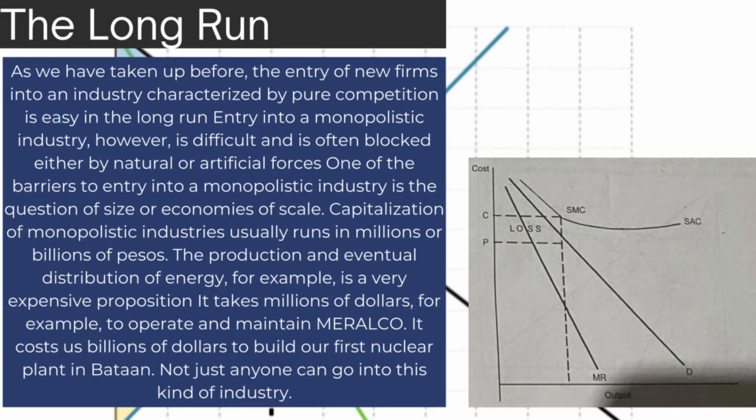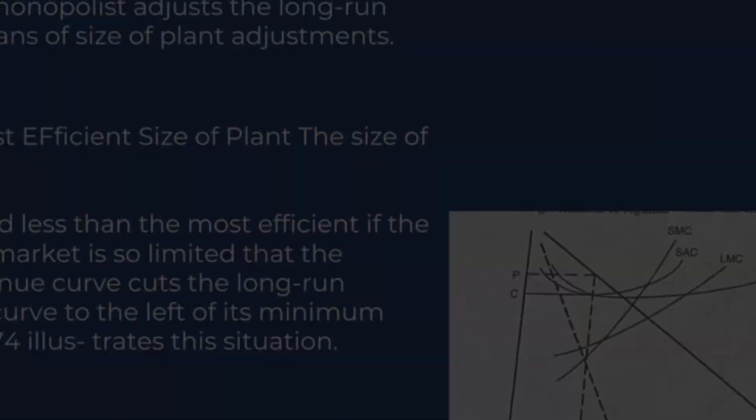Capitalization of monopolistic industries usually runs in millions or billions of pesos. The production and eventual distribution of energy, for example, is a very expensive proposition. It takes millions of dollars, for example, to operate and maintain Meralco, and it cost billions of dollars to build our first nuclear plant in Bataan. Not just anyone can go into this kind of industry.